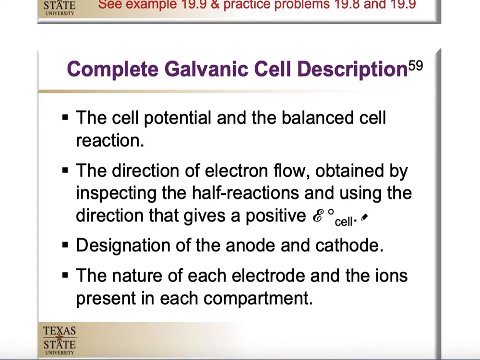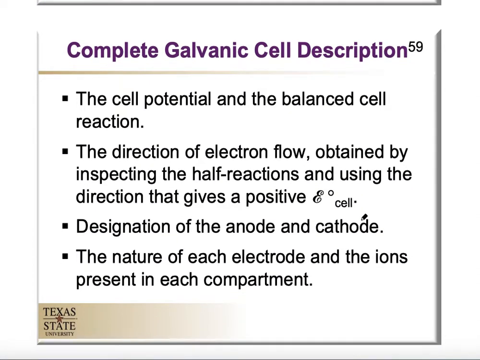All right, now what we're going to do is look at how to provide the complete description of a galvanic cell. That complete description is going to include the cell potential, the balanced cell reaction, and the direction of the electron flow, which is obtained by looking at the two half reactions and seeing where the oxidation takes place and where the reduction takes place.